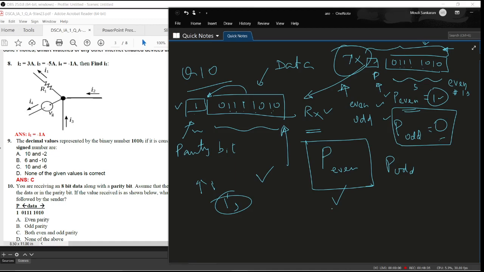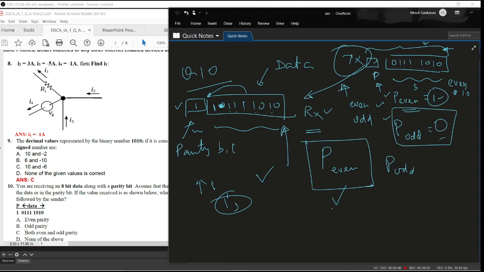That means while the sender sent the data, one of the bits would have been 1 instead of 0, or 0 instead of 1. For convenience, let us assume you somehow have knowledge that the 1-bit error happens to be this one. This is what the sender would have sent, but this error has happened and it has become 0. Now count the number of ones.